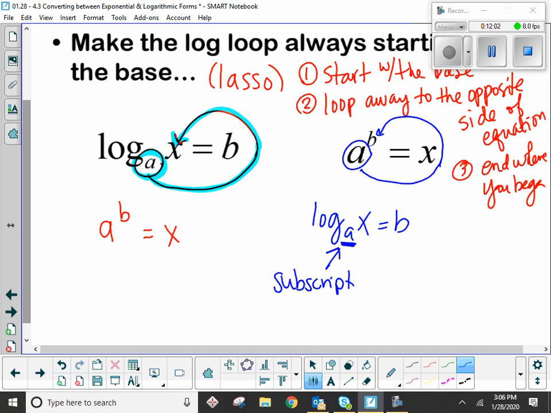Log, x, and b are all on the same line, and a is just a little bit lower. That helps if someone else is reading your handwriting, so they know what you meant for the base and what you meant for the other things.